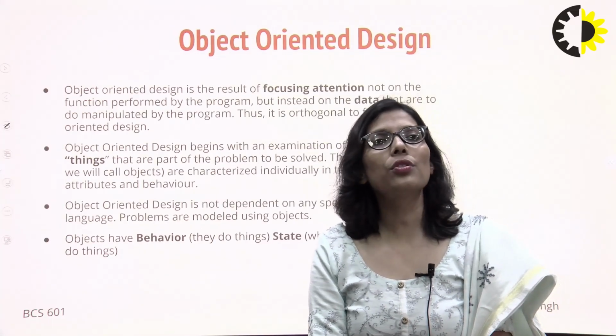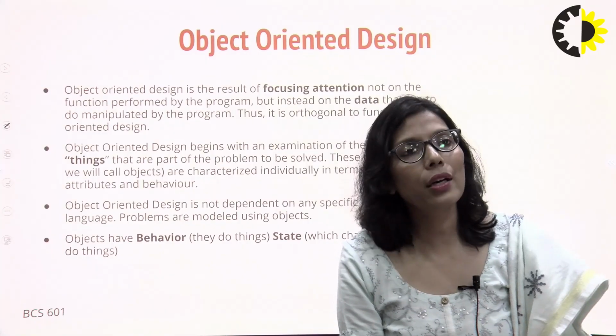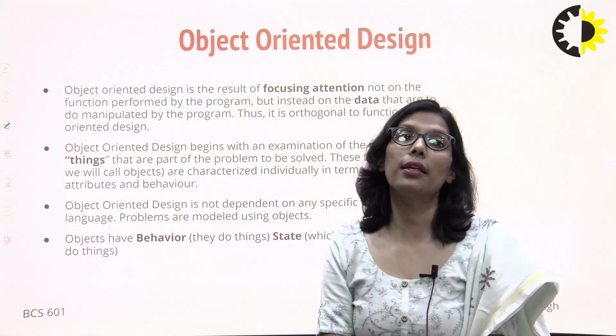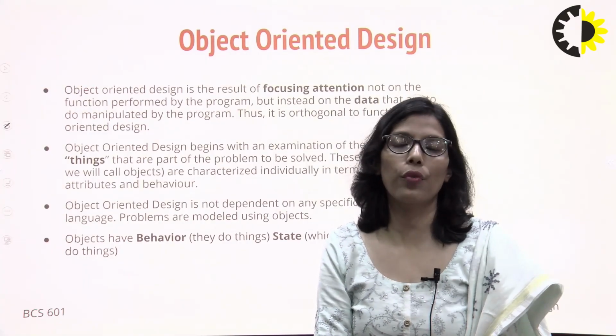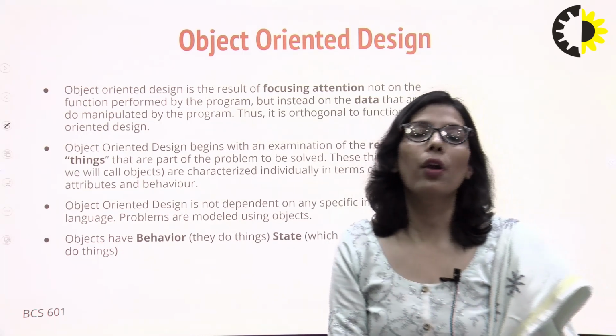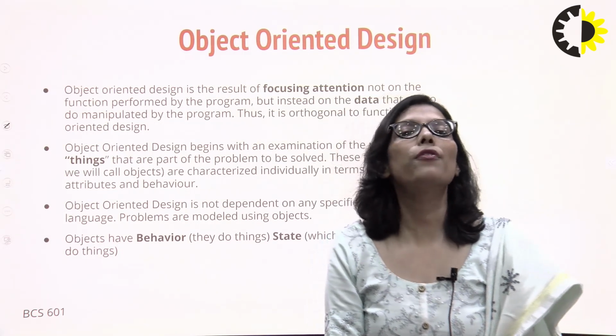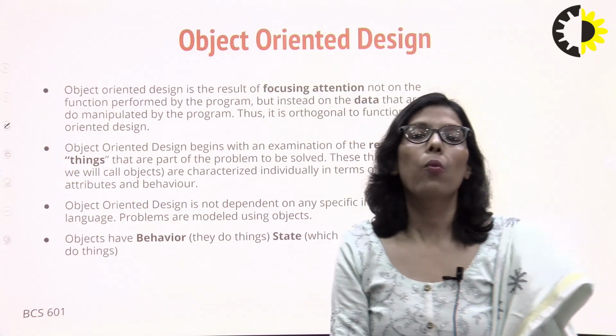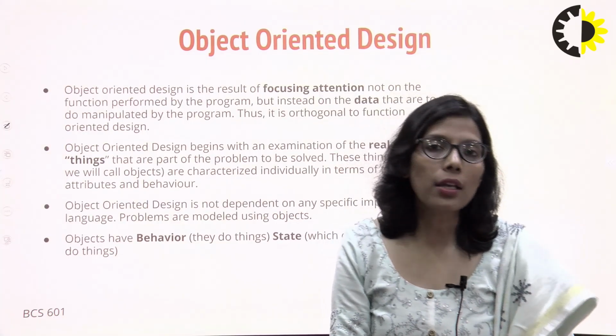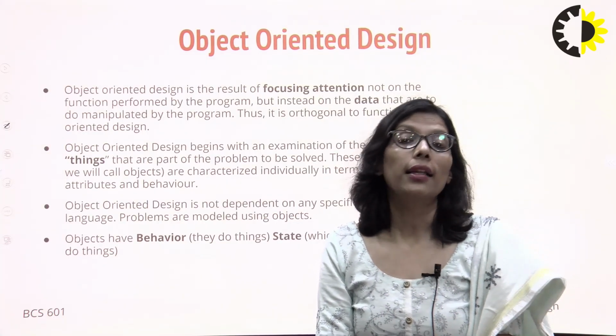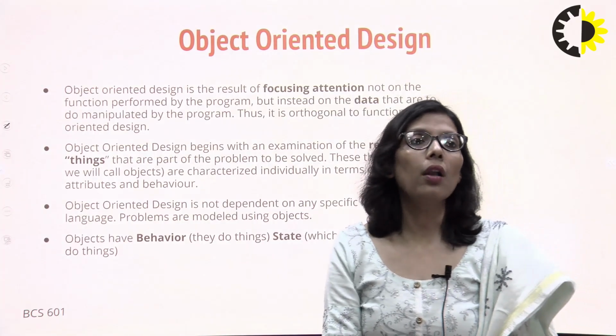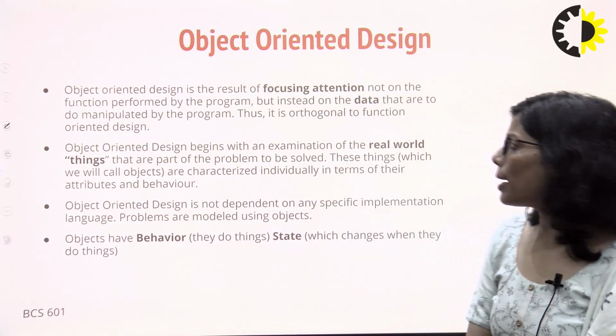Another approach is your object-oriented design, where we are focusing our attention towards the data, towards the object. So, rather than functionality, we are focusing on the objects. What functionality that object is doing and what data that object is possessing, it is all being measured.